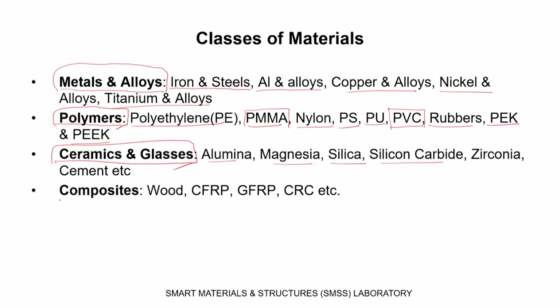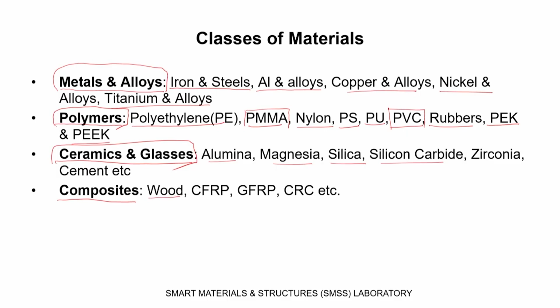Similarly, I told you that ceramics and glasses are very good in compressive strength and very bad in tensile strength. Metals are very good in terms of tensile strength. So, if I can mix the metals and the ceramics together, I can get a composite where I get the good properties of these two things mixing together. So, that is what a composite is, and there are plenty of examples in nature, like wood itself or our bone.